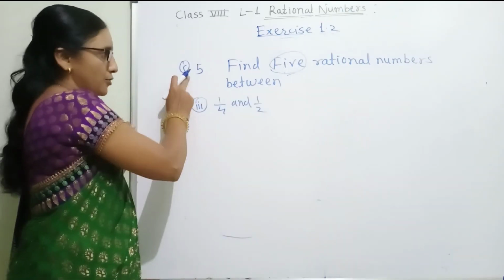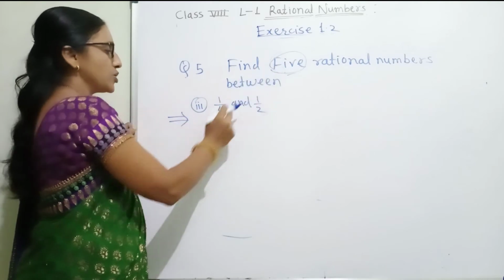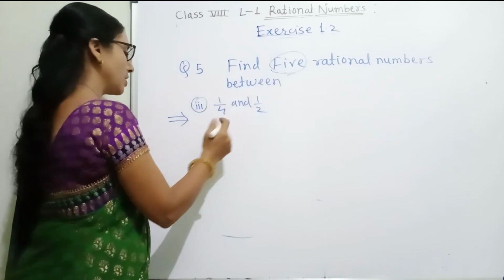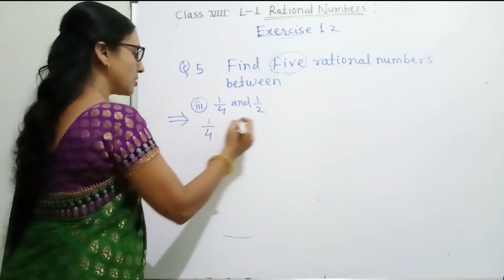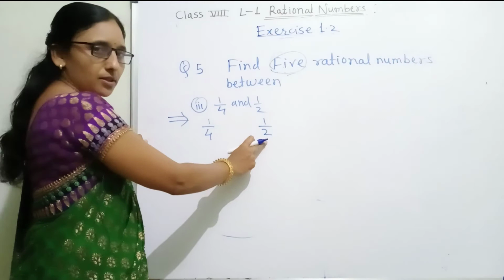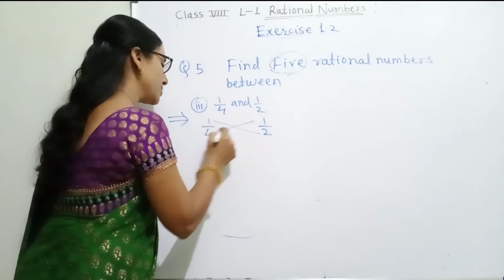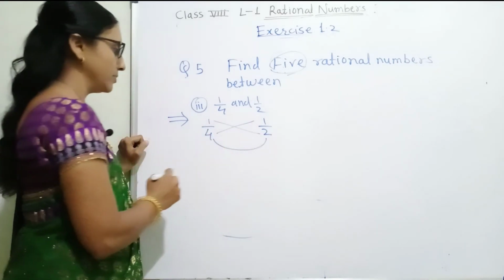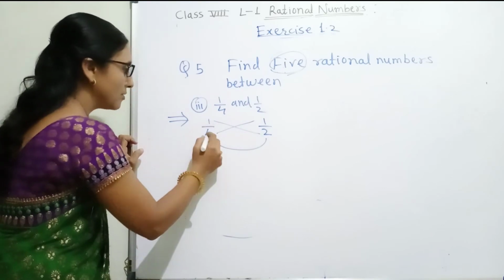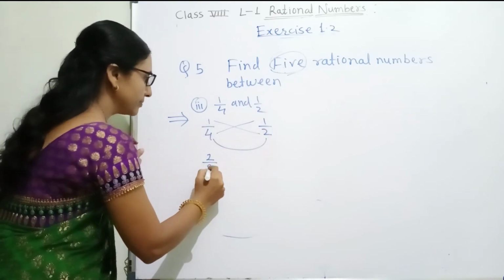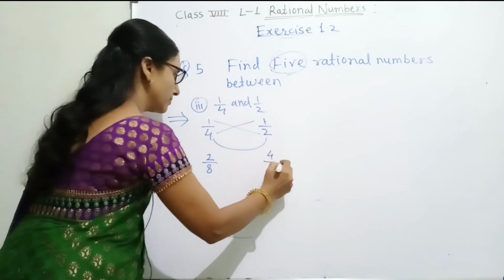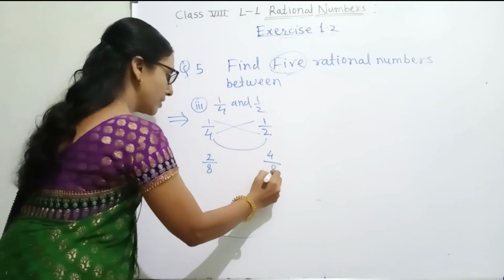Example third of question 5. Find 5 rational numbers between 1 by 4 and 1 by 2. Here the denominators of these 2 rational numbers are not equal. Make the denominators equal first by the cross multiplying method. 2 multiplied by 1 is 2. 4 2s are 8. 1 multiplied by 4 is 4. 2 4s are 8.